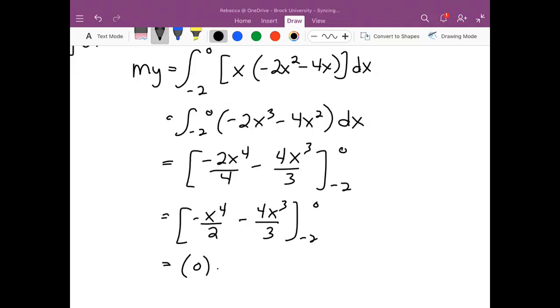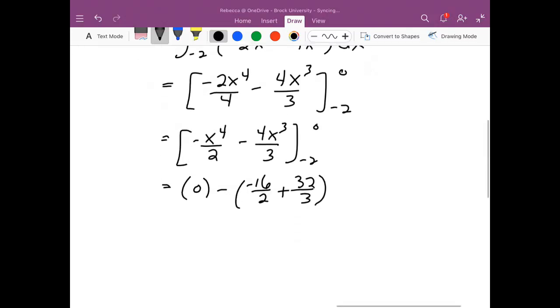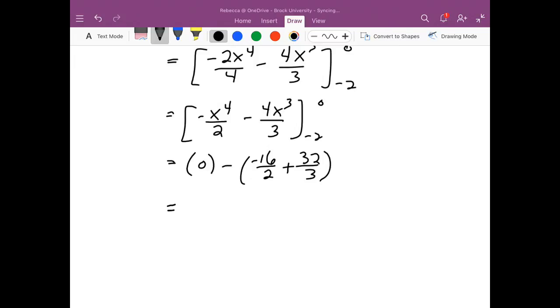So that first term again is going to be 0, but I'm going to write it out. The second one gives me negative 16 over 2 plus 32 over 3, which leaves me with negative 8 over 3.